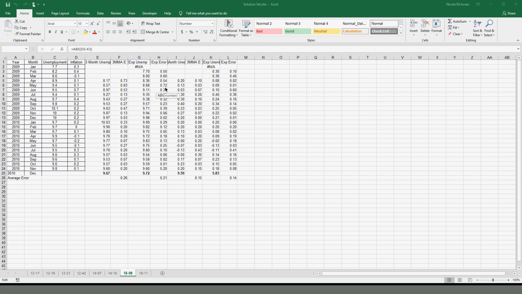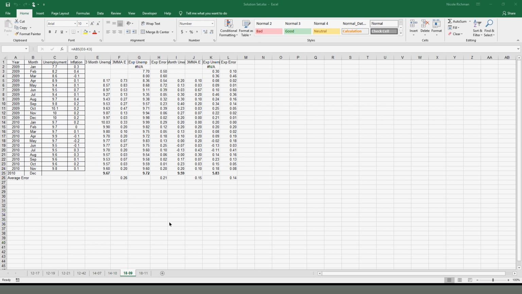We're just looking at what the difference was between our actual data and our forecasted data. We don't care if it was to the right or left of the number line. We just want to know what that error is. So we use absolute value, equals ABS of the actual data minus the forecasted data.